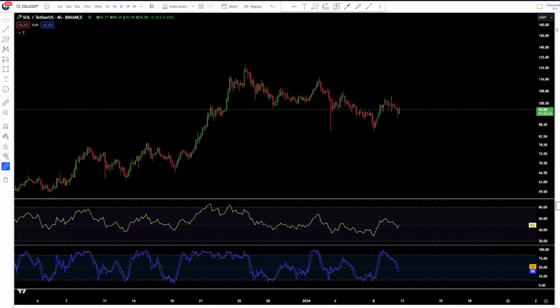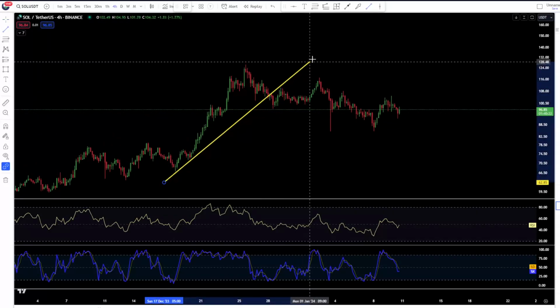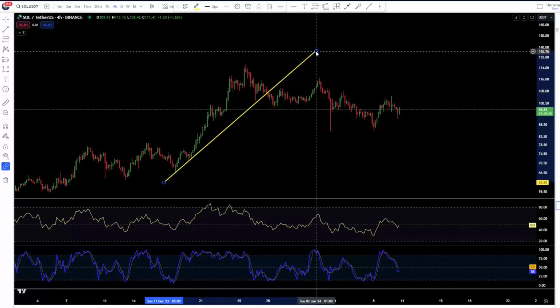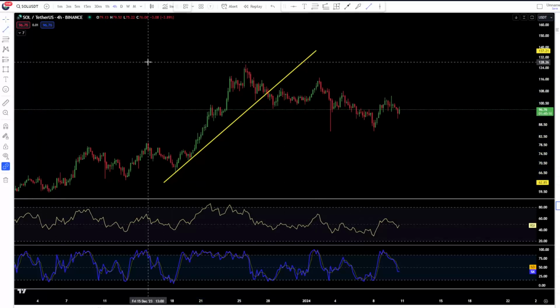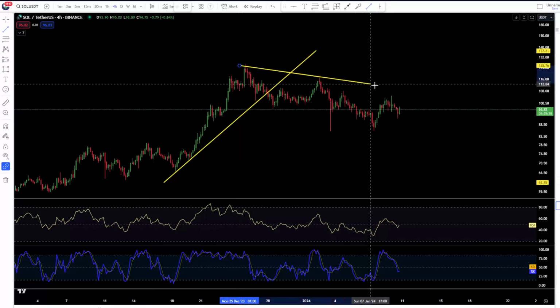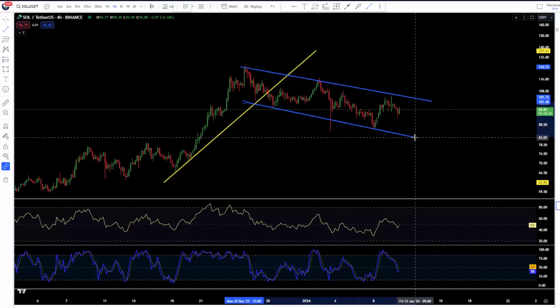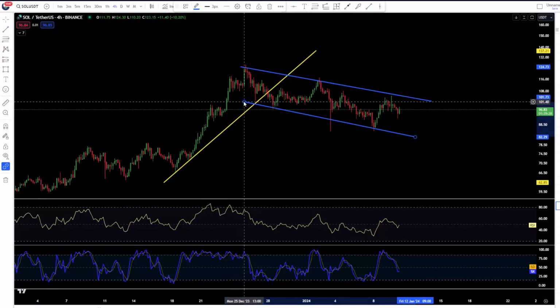Third, we will check the SOL to USDT chart. We will start by defining the yellow line as an upward trend line from which the price has broken out at the bottom, creating an ongoing downward trend channel in which we are approaching the upper border.